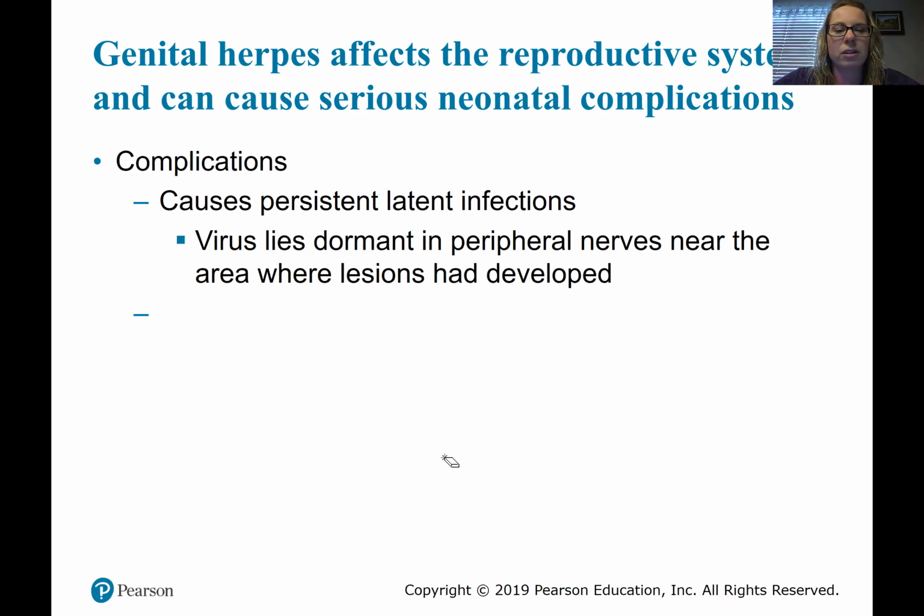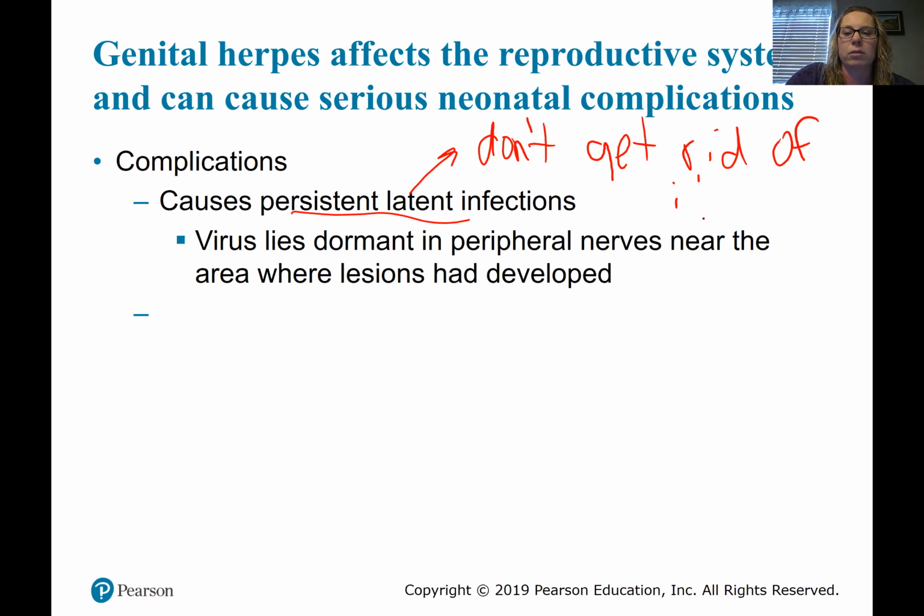Some complications: persistent latent infections. You don't get rid of it. It never goes away. Just like a cold sore, it will hang out in peripheral nerves, and then when you get stress, or something happens, the lesions can begin to develop again over and over throughout your lifetime.